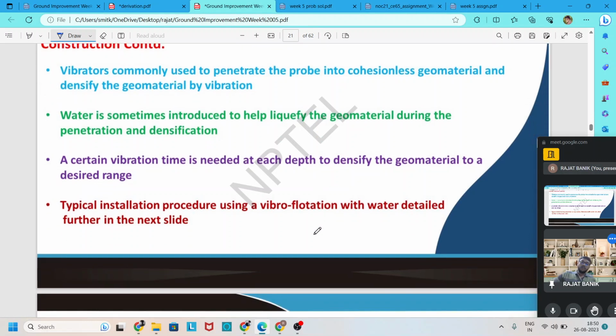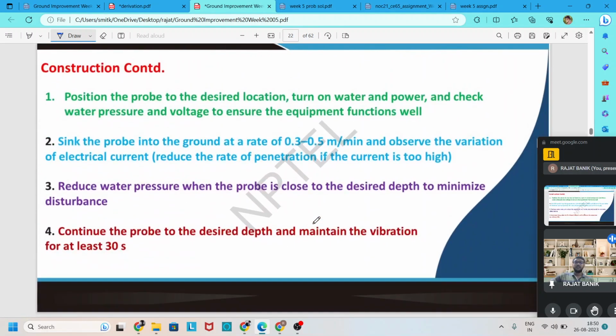Moving on, when we apply this vibro compaction method, the position of the probe should be accurate at the desired location. Also turn on the water and power, and check the pressure and voltage to ensure the equipment functions very well.